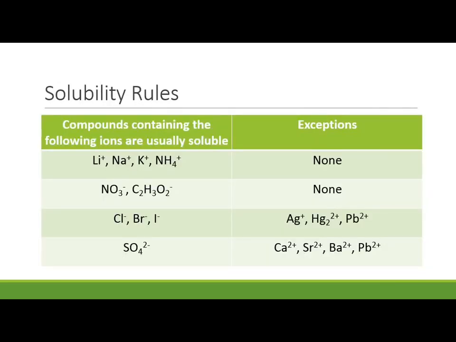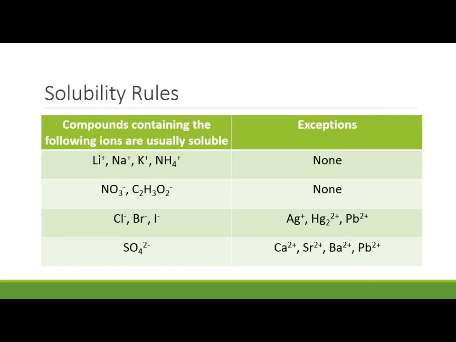So these are the solubility rules that I want you to remember. All right, they're relatively simple, and again, they're not perfect, but they work pretty well. So the first thing we're going to say is, whenever we look at an ionic compound, we need to look at the cation, right, the positive ion, the ion that's listed first, to see if it's one of these ones.